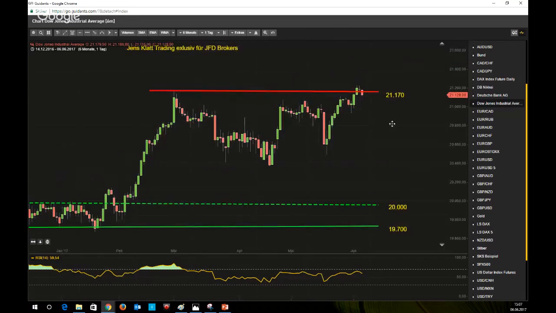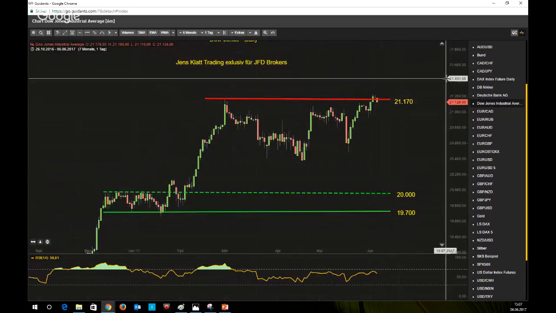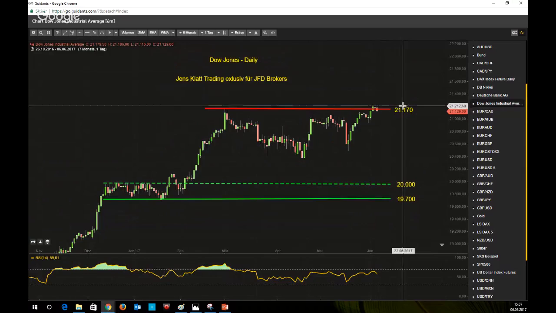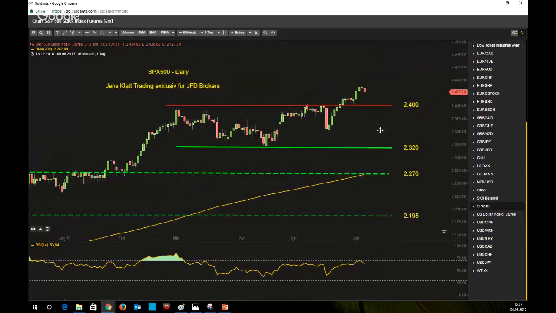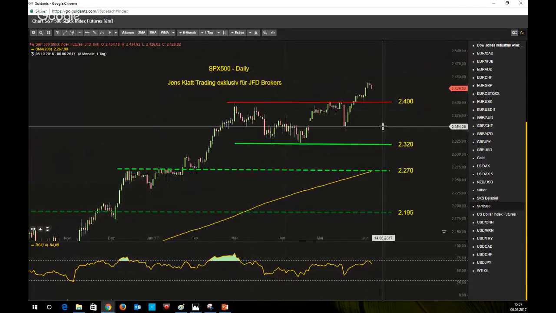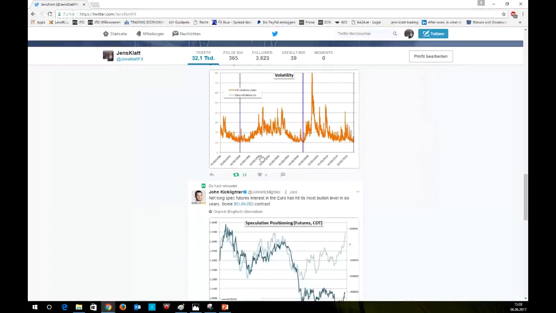Let's come to the Dow Jones here, coming down a little from its all-time highs last week. So when we pushed above 21,200 points, or we can also have a look here at the S&P. Probably S&P is a little better here. And this is something I want to show to you, since there are two very attractive charts, very interesting charts in terms of the volatility here.